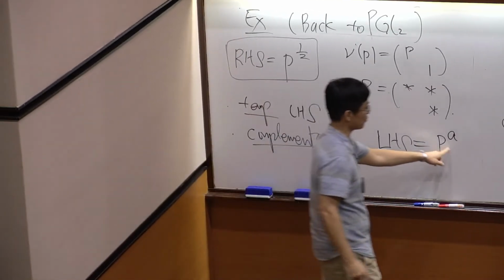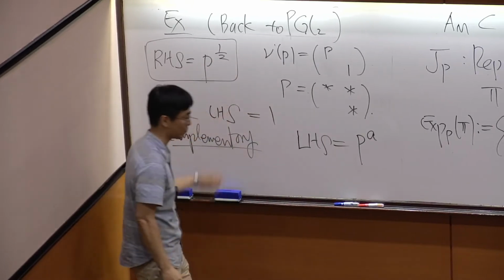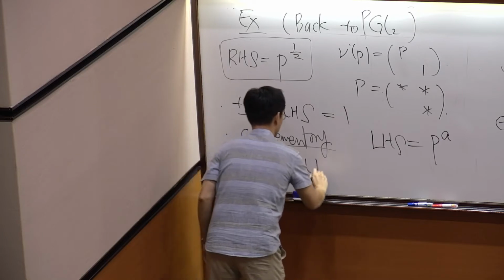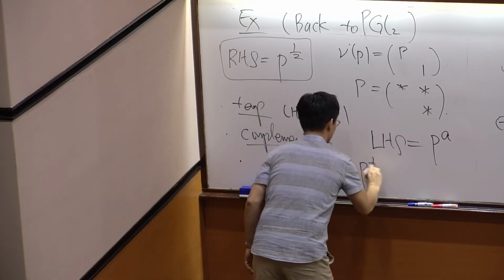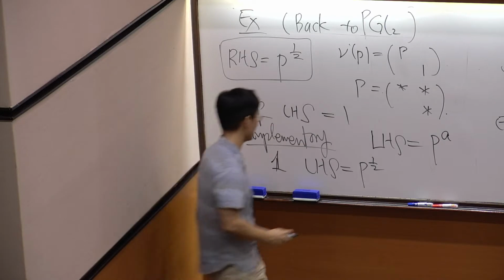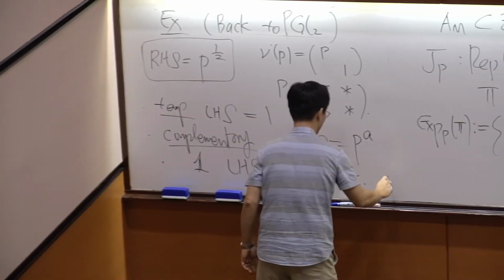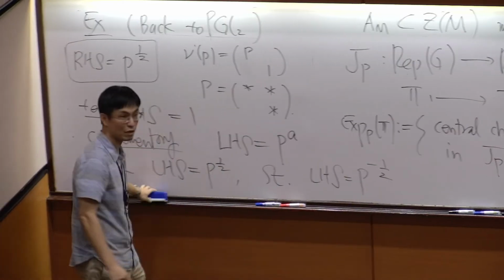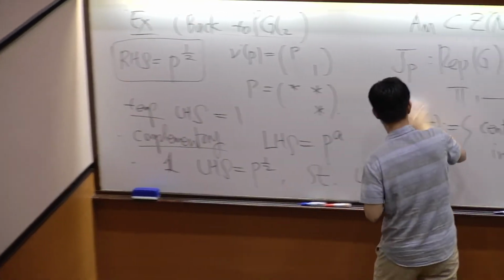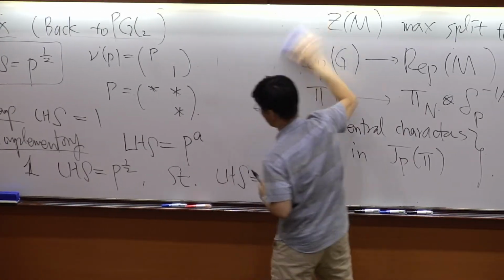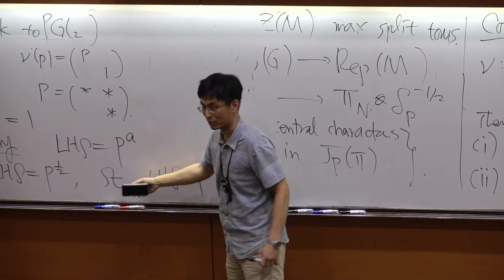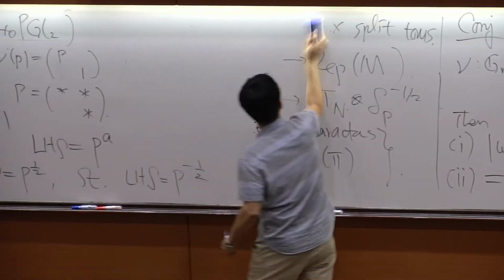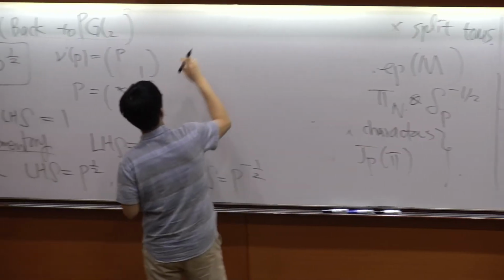Because a is between 0 and 1/2, still bounded by p to the 1/2, but strictly smaller. And in the case of the trivial representation, the left-hand side realizes the maximum, p to the 1/2. And if I have Steinberg, then I'll get p to the negative 1/2. So the Jacquet module breaks the symmetry, in fact, and although they appear in the same induced representation, Steinberg doesn't achieve the equality. So that's, I think, a good example.